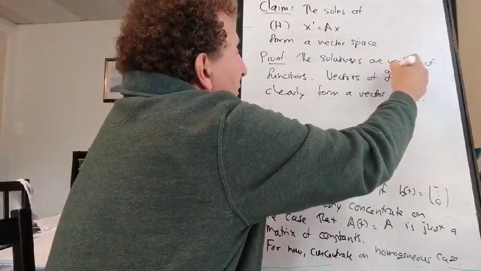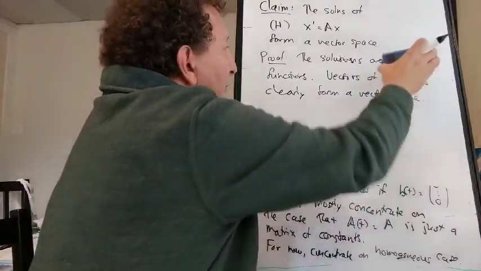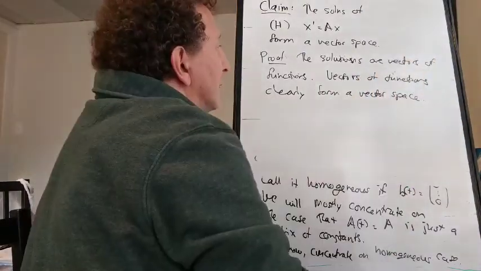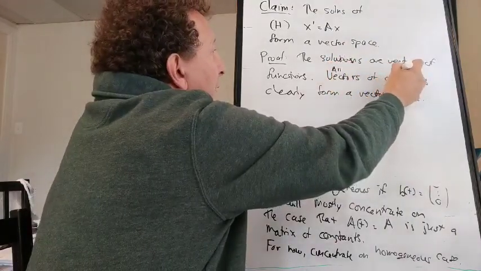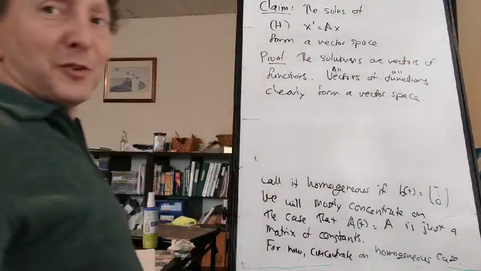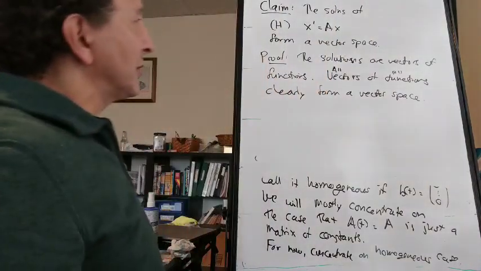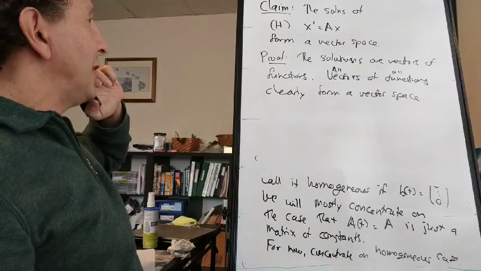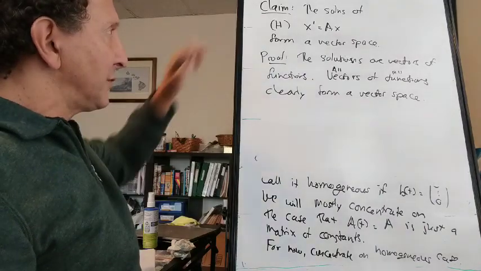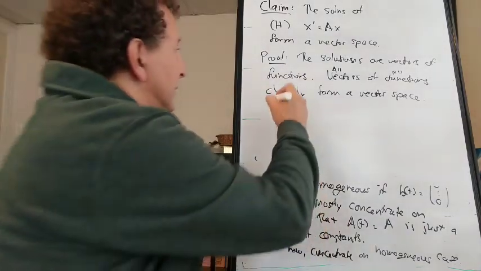So all vectors of functions, or I should say all vectors of all functions, just to be extra sure. They clearly form a vector space. But I'm saying that this special collection of vectors of functions that are the solutions of H form a subspace of that.